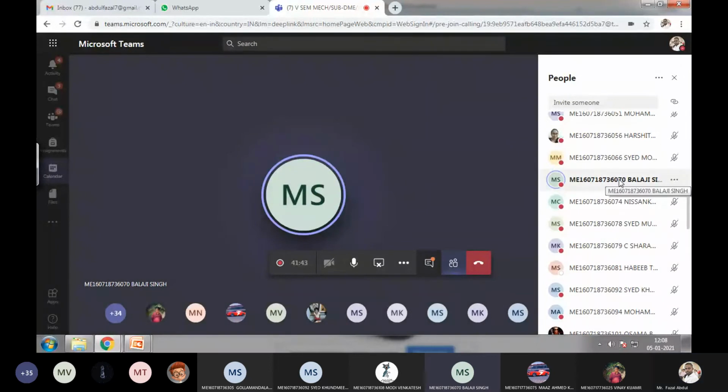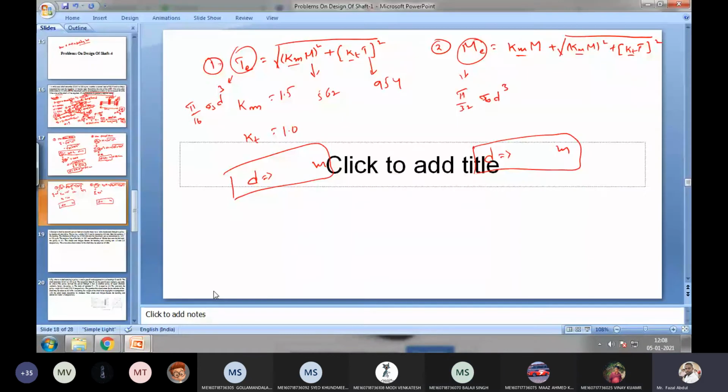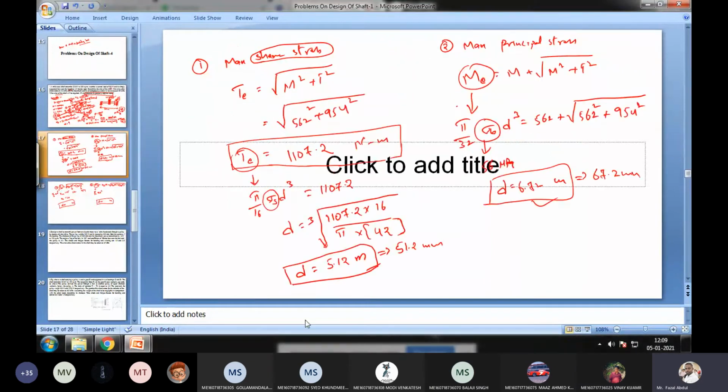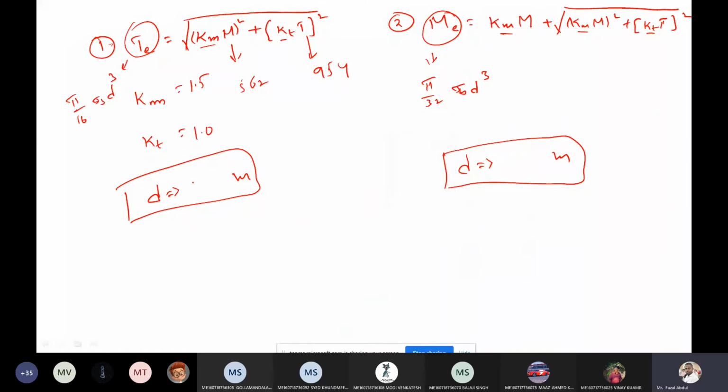Doing, sir. 5.36 meters. 5.36, for the first one. Very good, Babu. 5.36 meters.